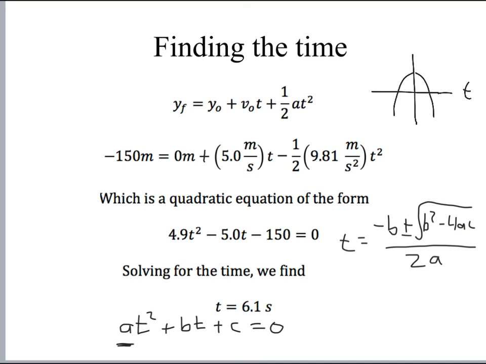But physically, those negative time values don't make any sense. And so we can legitimately throw them out as artifacts of the mathematics. And so we keep the positive root, which is just going to be our t equal to 6.1 seconds. So I'm going to encourage you to practice with the quadratic formula if you're a little bit rusty, but you're going to get lots of opportunities to do that on the homework.